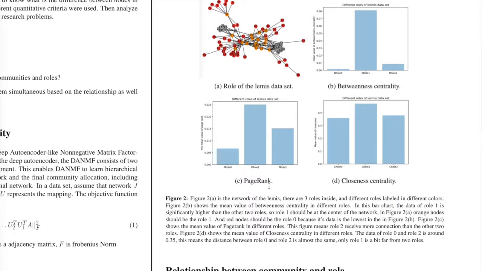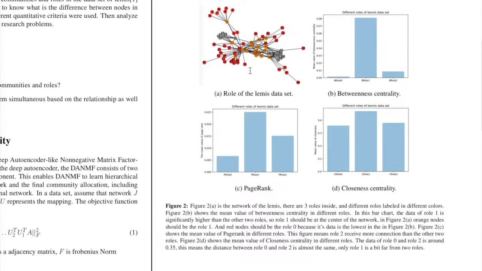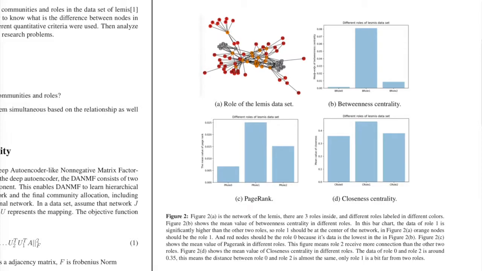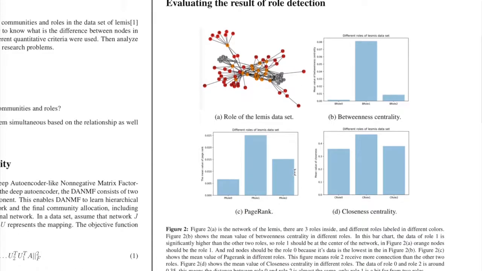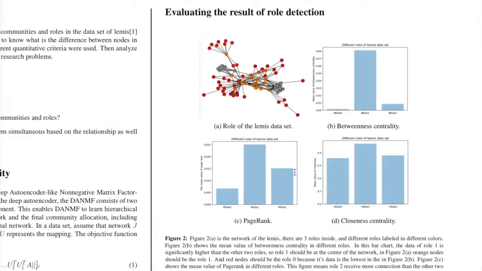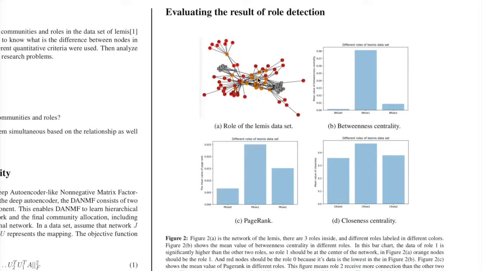For PageRank, we can see that role 1 has more figures, more data. So we can say that maybe the gray node is role 1, or maybe the orange one.